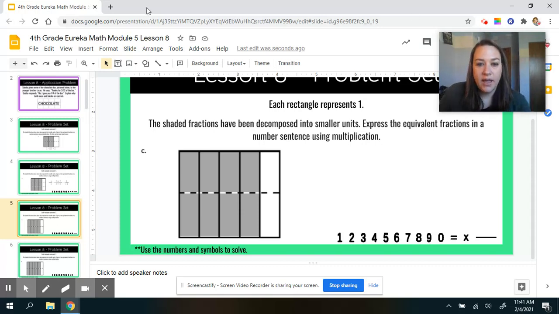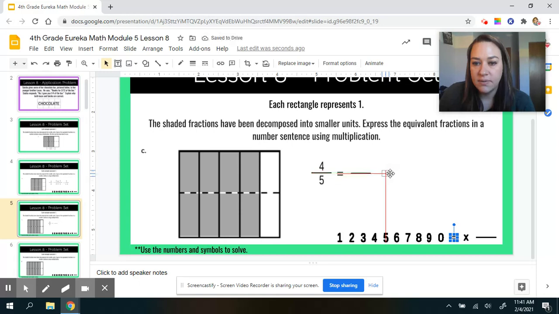Okay, so we ignore that horizontal line. Let's figure out what we started with. We've got 1, 2, 3, 4 of the 5 shaded. So we've got 4/5. I'm going to do this one by looking and seeing what we now have and use that information to help us figure out what we need to multiply by. Now what do we have after we decomposed?